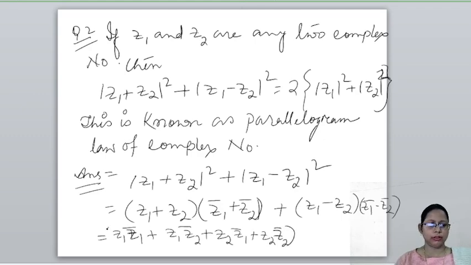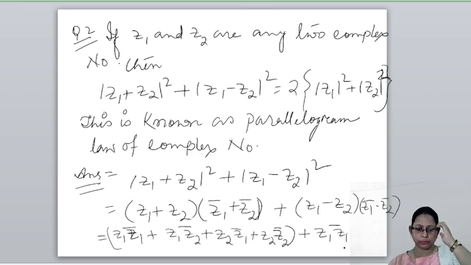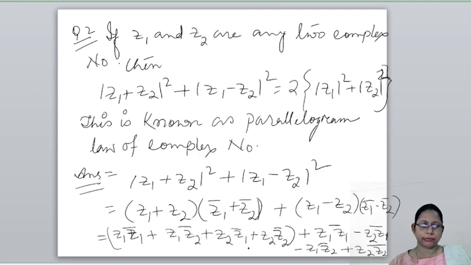This is for the first term, and for the second it will be Z1 Z1 conjugate minus Z1 Z2 conjugate minus Z2 Z1 conjugate plus Z2 Z2 conjugate.